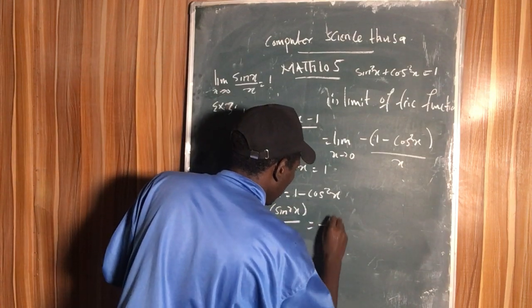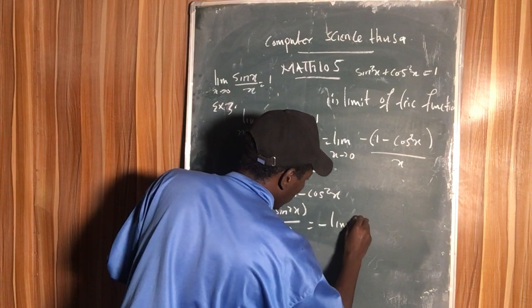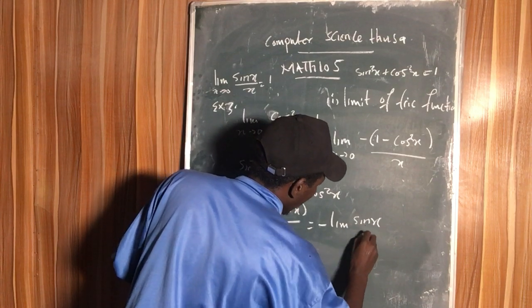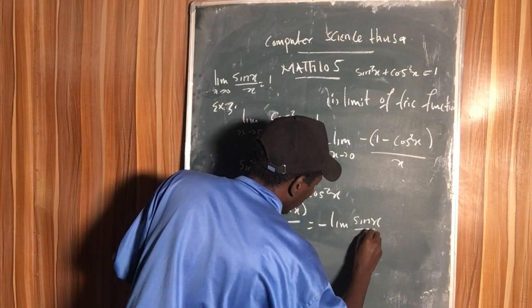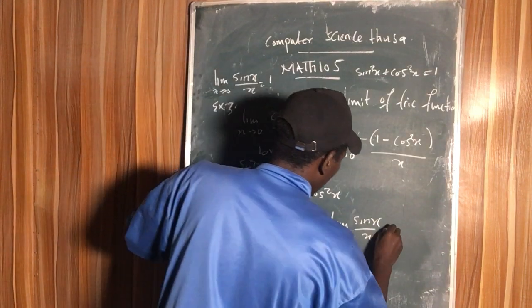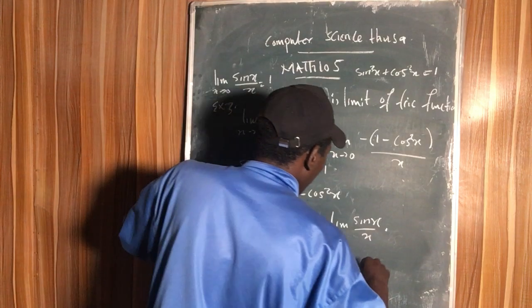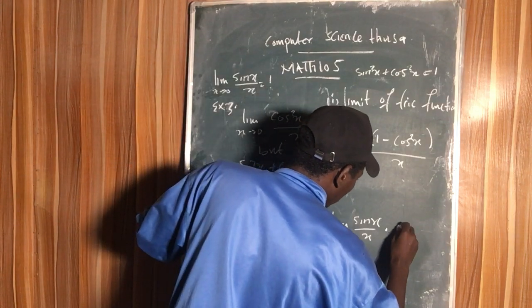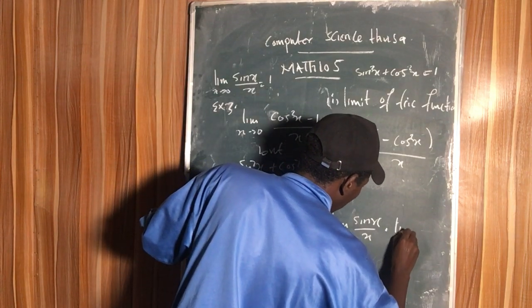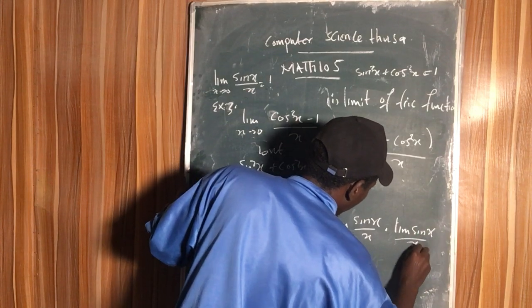Minus limit of sin x all over x times limit of sin x all over x.